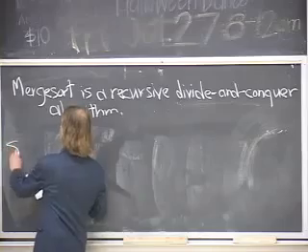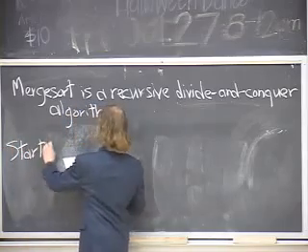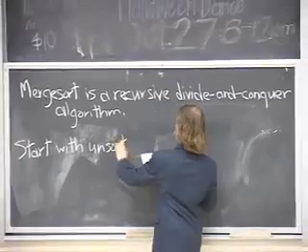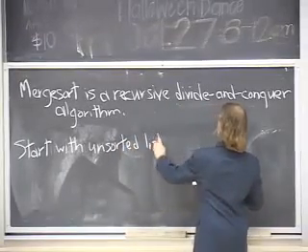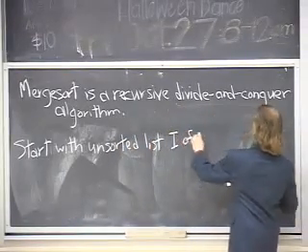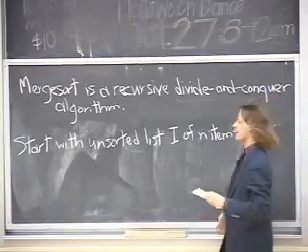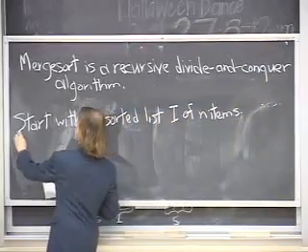So here's the algorithm. We start with an unsorted list, call it I of n items. We break that into two lists just by breaking it in the middle.